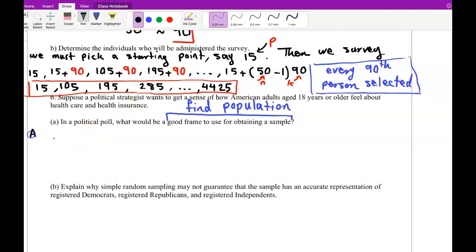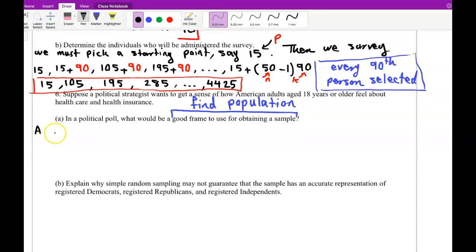So a good frame, or our population, can be this one.